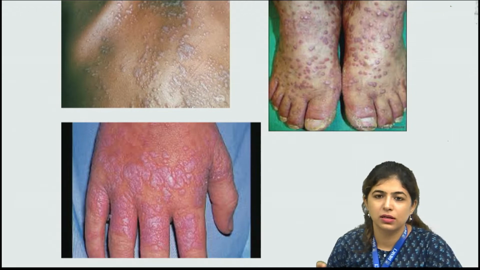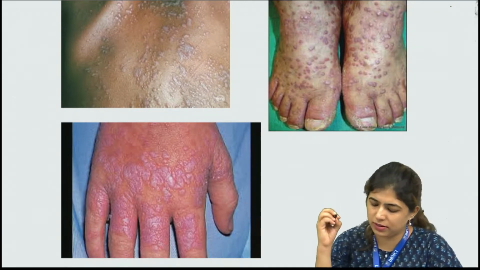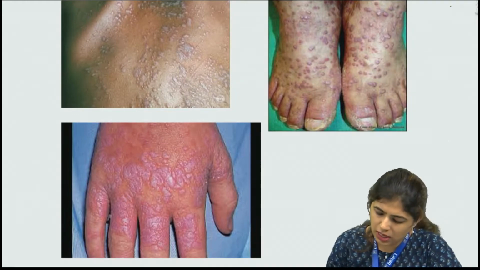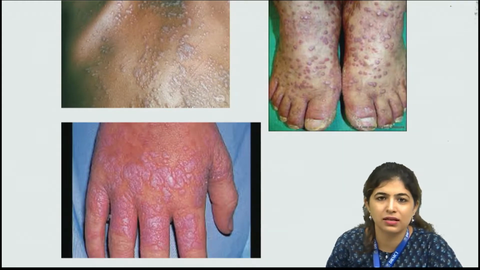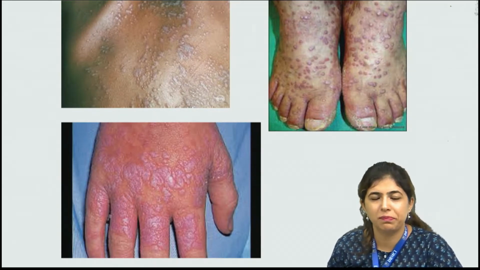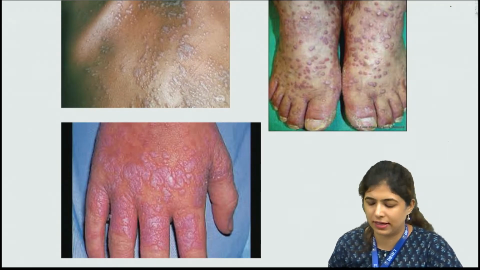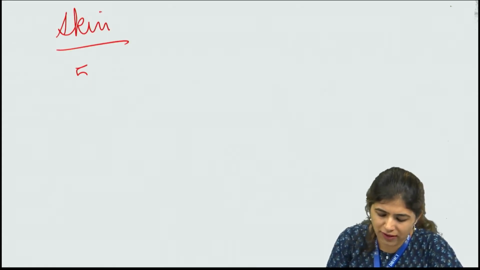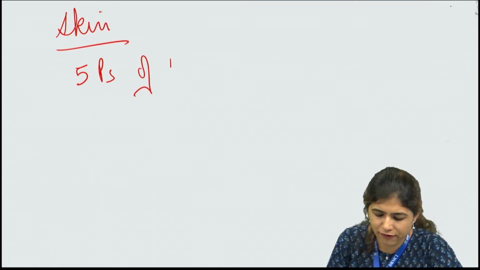Coming to the cutaneous lesions of lichen planus. The cutaneous lesions, as you can notice, are classically like this: purple pruritic polygonal planar papules of lichen planus. You must have heard of the 5 P's of LP.